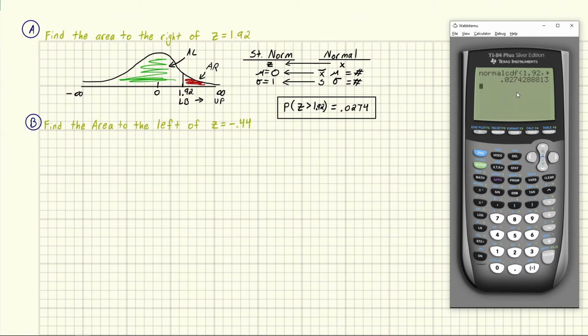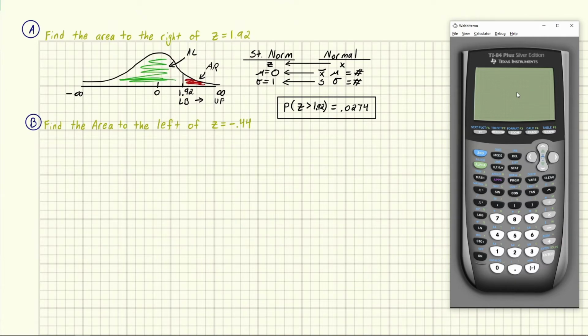In order to deal with this, we notice that if we took this area to the left and added it to area to the right, that's a plus sign, I wrote it at an angle, then we would get the whole curve. It would cover everything, and so that's 100% of the curve.